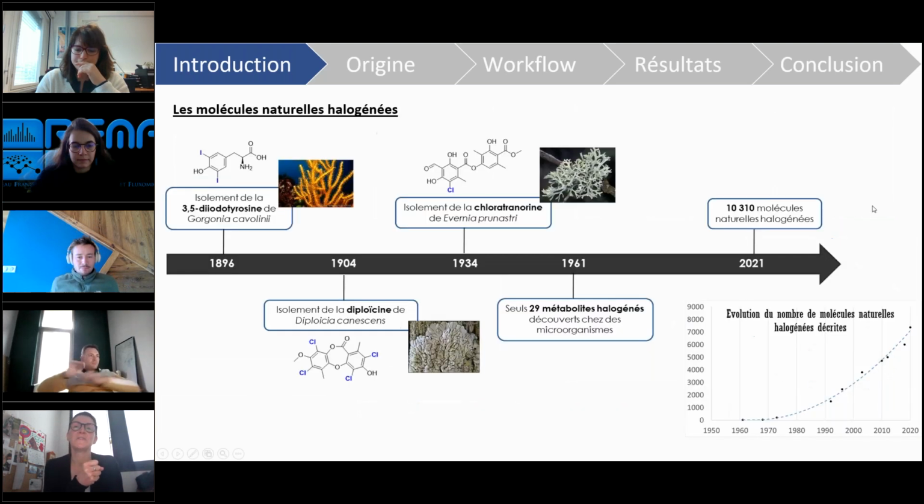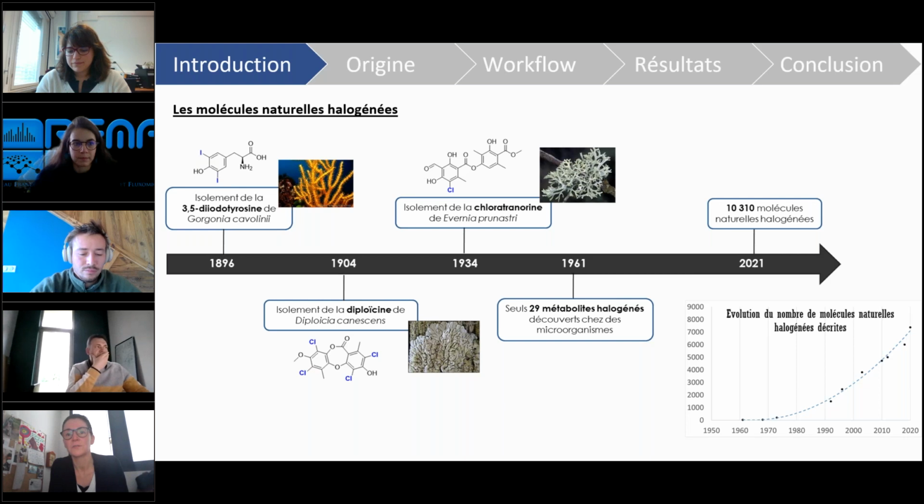If you look into natural products, which are the compounds produced by all types of organisms, the first halogenated natural product described was back in 1896, 3,5-diiodotyrosine. A little later, two chlorinated compounds from lichens were described.